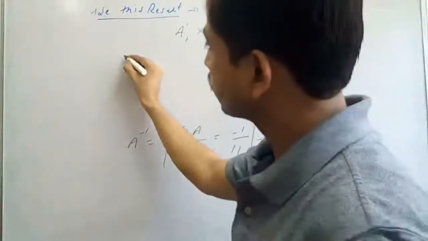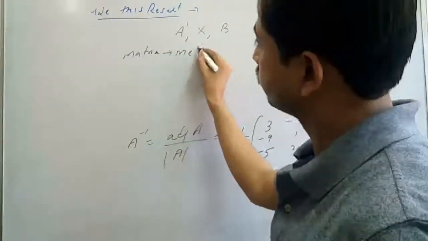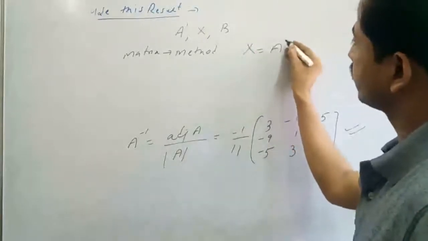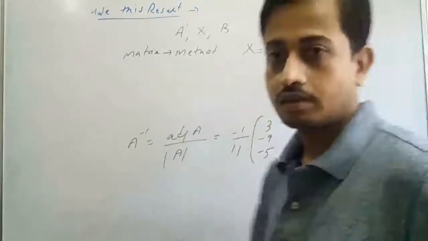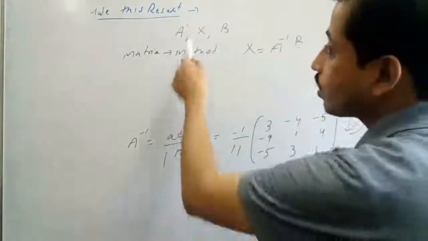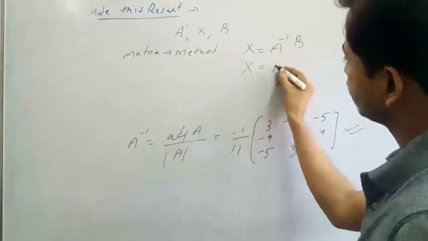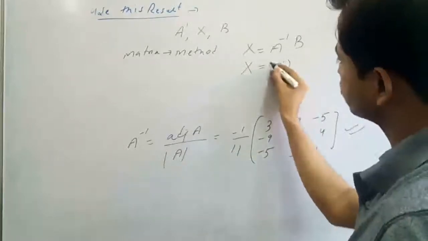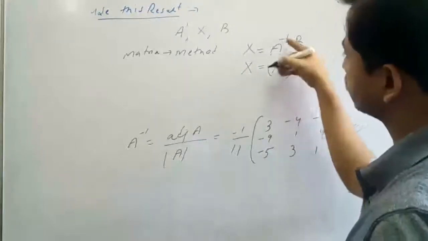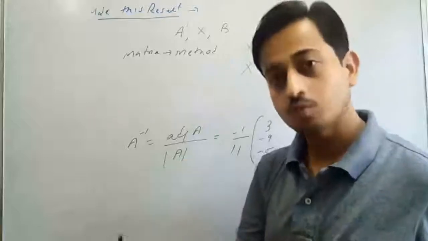According to the matrix method, X is equal to A inverse B. Now we have to change this, because our A is now A transpose. So X stays as it is, and I take A transpose and then take its inverse, because our matrix is not A, it is the transpose matrix.